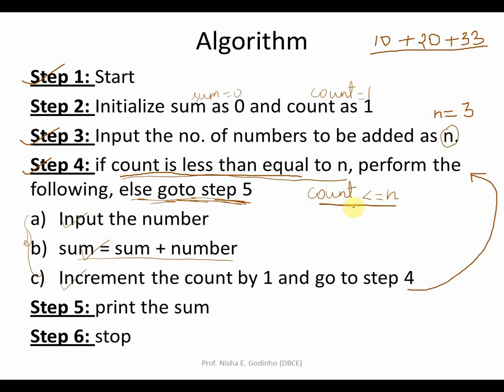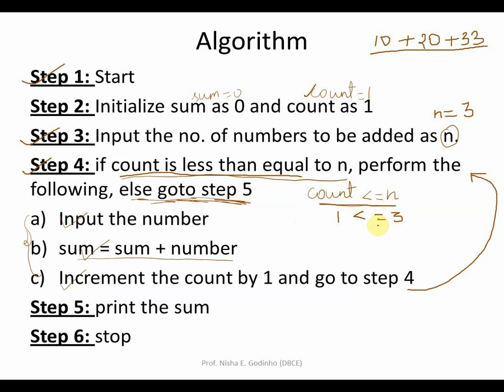Now let's keep on checking each time. So first time count will be 1. Why 1? Because initially the count value is initialized to 1. So count is less than, which is 1 less than n. What is n in the first case? 3. Or n every time is 3 only.